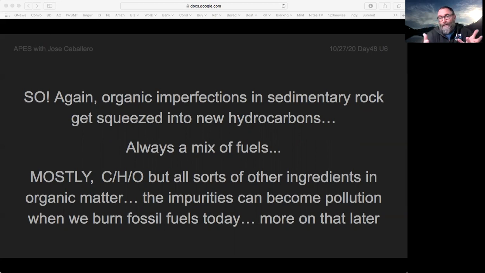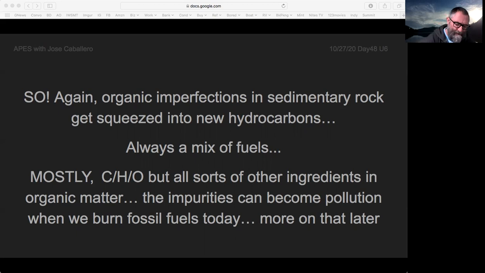And whatever ingredients are in an organism, you probably have a couple atoms of gold knocking around in there. You probably have a couple of atoms of everything in the periodic table knocking around in there. So some of those might end up in a fossil fuel later. These are impurities, and this can affect the pollution you get later when you burn fossil fuels, and we'll come back to that.